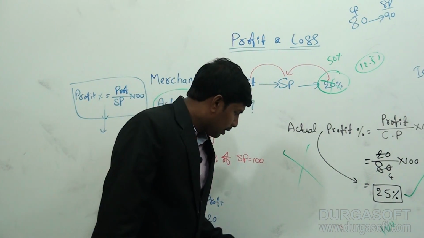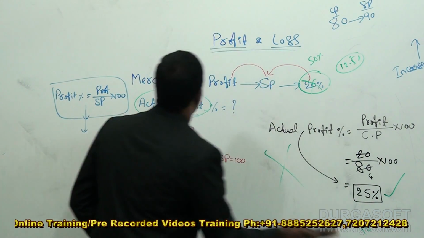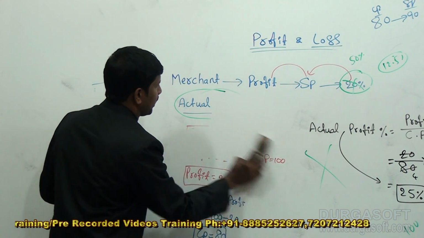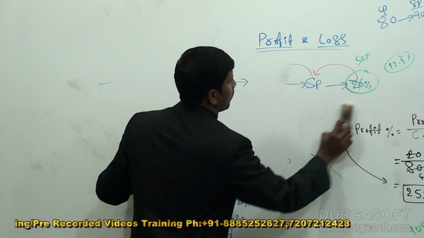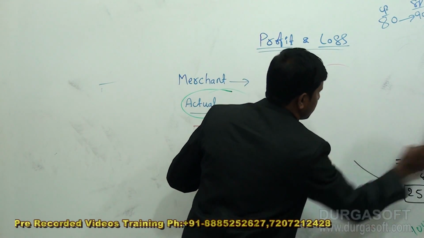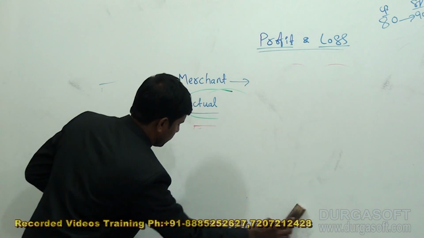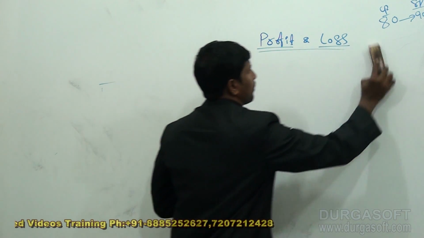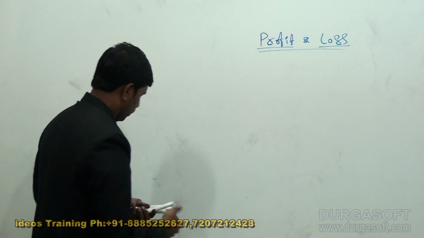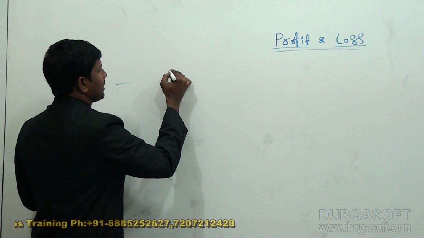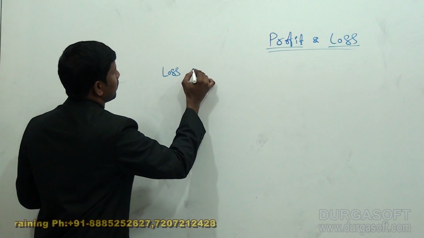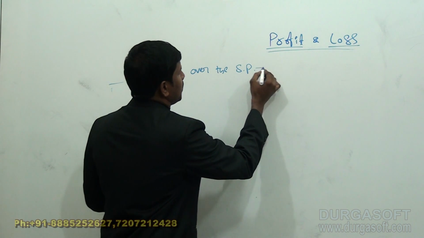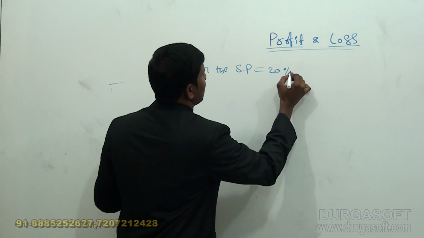This is the way. Suppose instead of profit, if he calculates loss percentage, like now the question is just like a merchant calculated his loss over the selling price, which is equal to 20%.